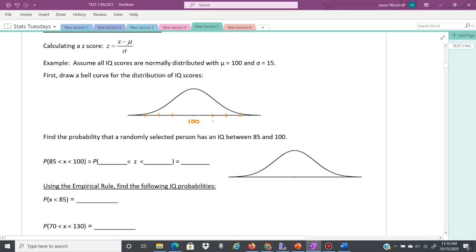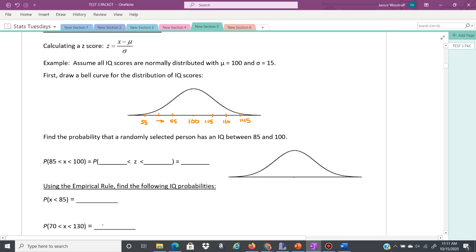For my right side, I would add 15 each time: 115, 130, 145. And on the left side, I would subtract 15: 85, 70, 55. Find the probability that a randomly selected person has an IQ between 85 and 100.